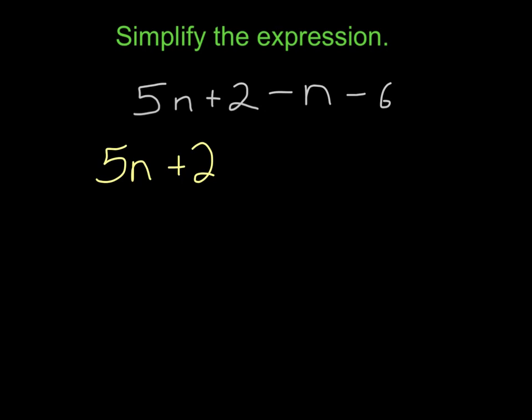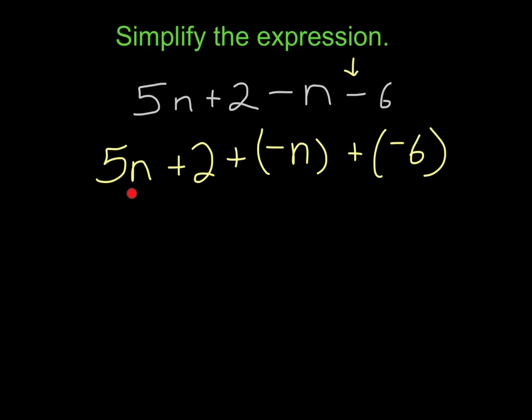Now let's take a look here at our minus, and I can swap this to a plus negative n. If I do that, it's going to be exactly the same. And again, you're going to see why shortly. Then here again we've got another one, so let's change that into a plus negative 6. We're going to get in the habit of doing that because it's going to help you later.